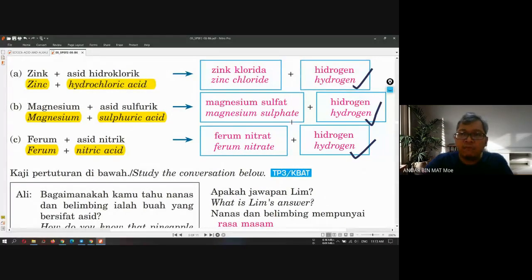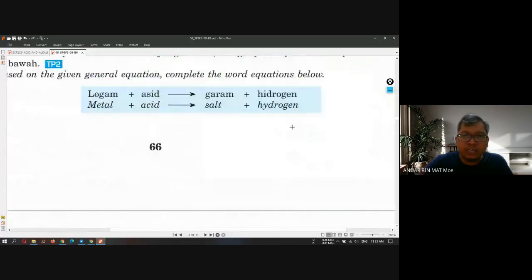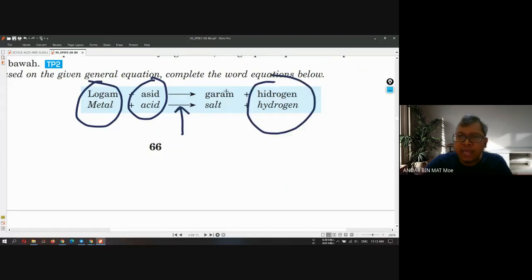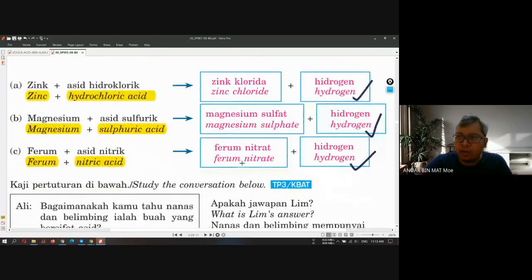According to the equation here, when you put metal into acid, there will be a reaction that will produce hydrogen and salt. So what is the salt? For example, hydrochloric acid will form zinc chloride. Magnesium will turn into magnesium sulfate for sulfuric acid, and for ferrum it will change into ferrum nitrate.